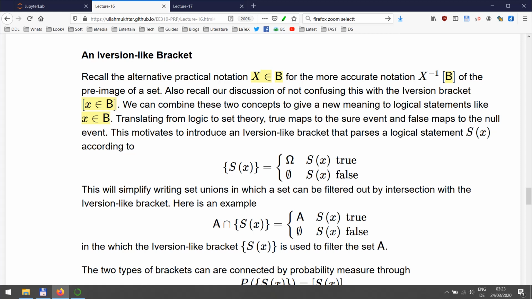Remember, x has taken points from the original sample space to the real line, so x inverse is now taking a set of points back to the event space. So mathematically accurate notation is x inverse of B, and also remember this square bracket, so that we know that we are talking about sets and not points.